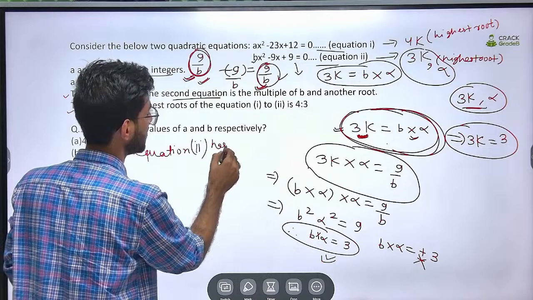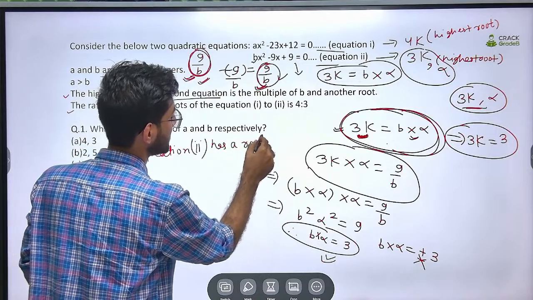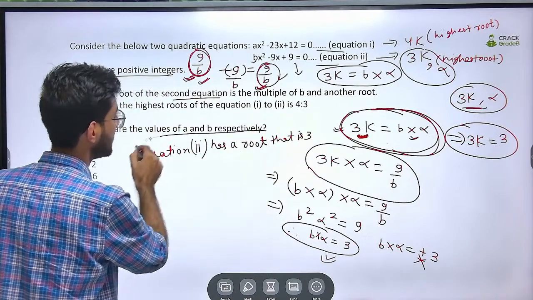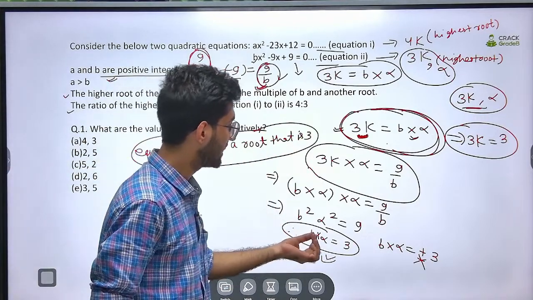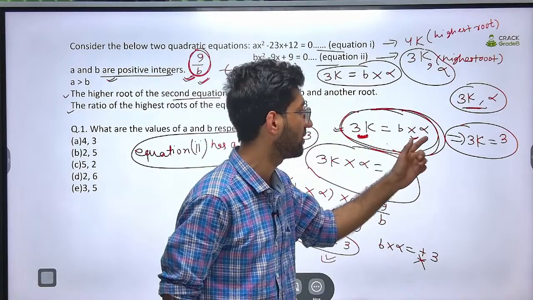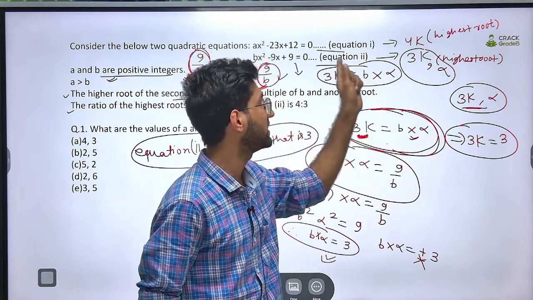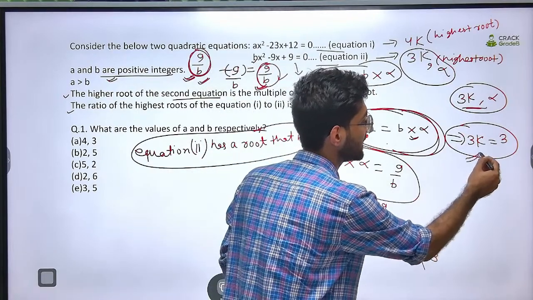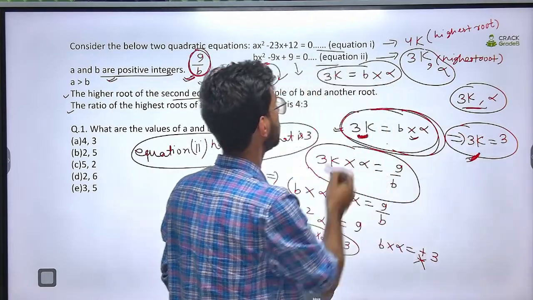Equation 2 has a root that is 3, right? Why? Because 3k equal to 3, and we already know that 3k is a root of quadratic equation 2. Simple, it means that 3 is a root of equation 2.